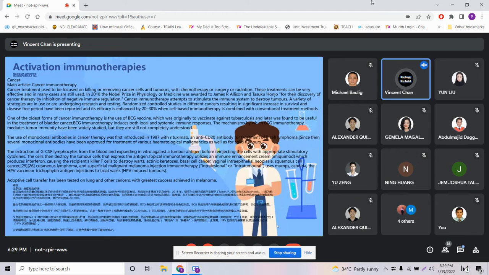The use of monoclonal antibodies in cancer therapy was first introduced in 1997 with rituximab, an anti-CD20 antibody for treatment of B-cell lymphoma.